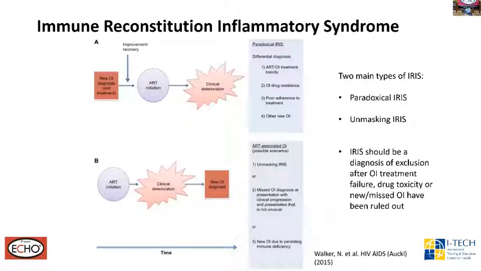And we see that sometimes with things like pneumocystis, that you start someone on treatment and in 2 weeks' time they come with this dry cough and shortness of breath, chest x-rays are messed up. This is unmasking IRIS, it was there all along. But in both cases, what is necessary to make the diagnosis of IRIS is to exclude other causes of the person deteriorating clinically. So is this a new infection, right?